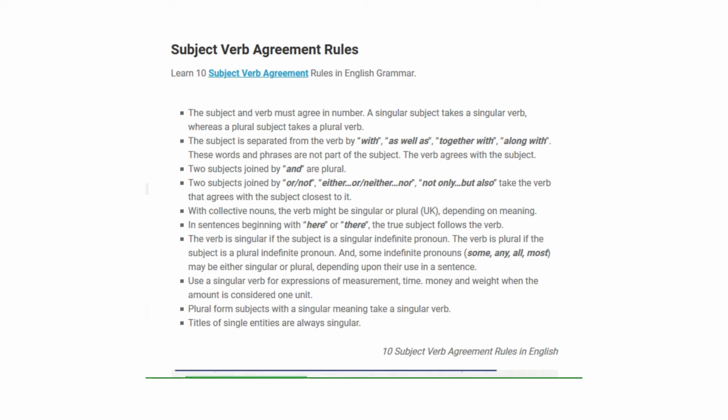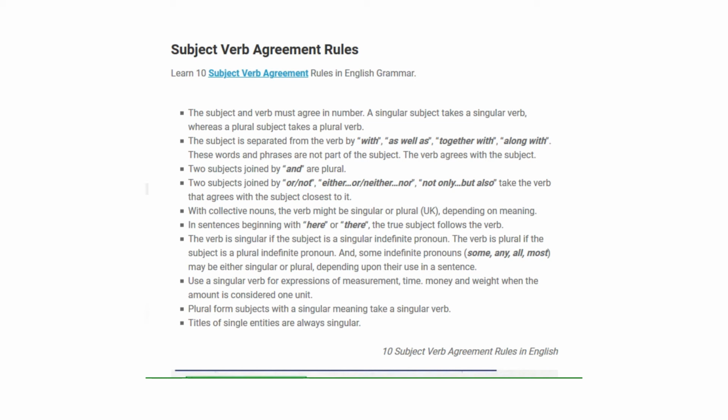Next one. With collective nouns, the verb might be singular or plural in the UK, depending on meaning. Next one. In sentences beginning with here or there, the true subject follows the verb. Okay, after that, the verb is singular if the subject is a singular definite pronoun. The verb is plural if the subject is a plural definite pronoun.